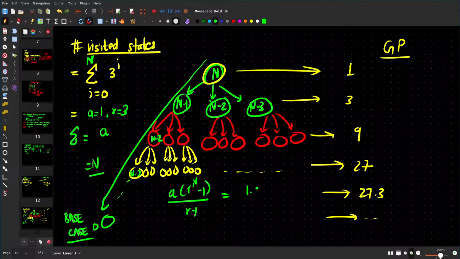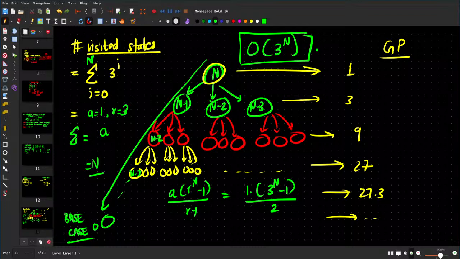So this would be 1 times 3 raised to n minus 1, with common ratio 3 this would be divided by 2. So this is the number of states that are visited. And like I said, the time complexity is the number of visited states multiplied by transition time, which still results in this exponential value.